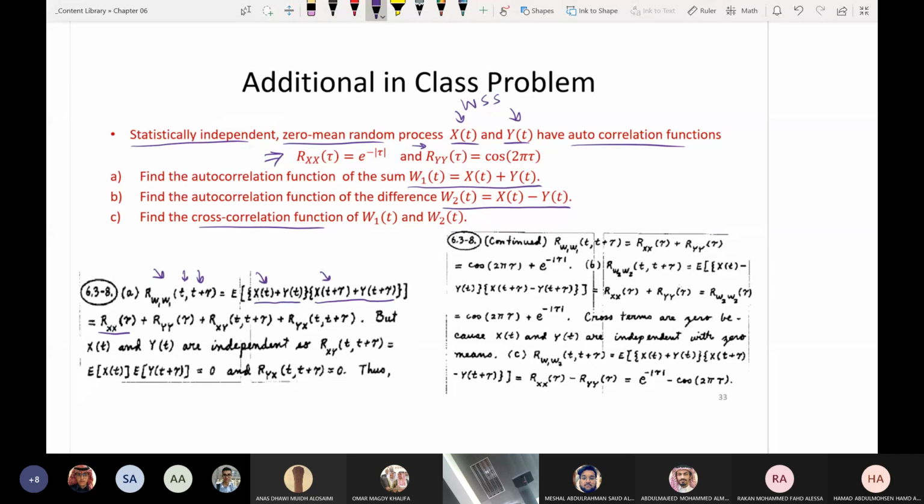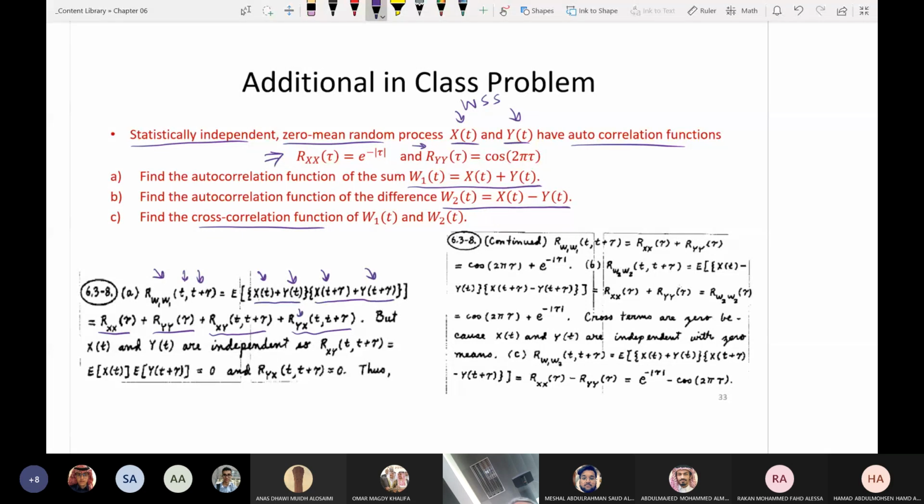The second term gives you the autocorrelation function of y. Now, x of t multiplied by y of t plus tau gives you the cross correlation function, and y of t multiplied by x of t plus tau gives you the cross correlation function with y first, then x.